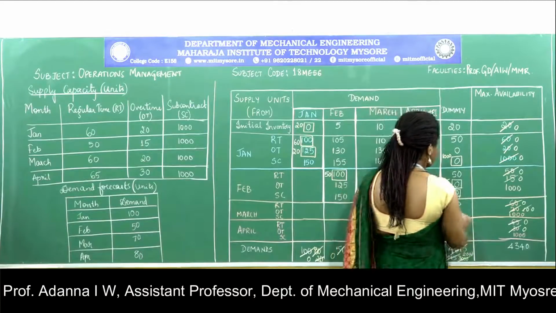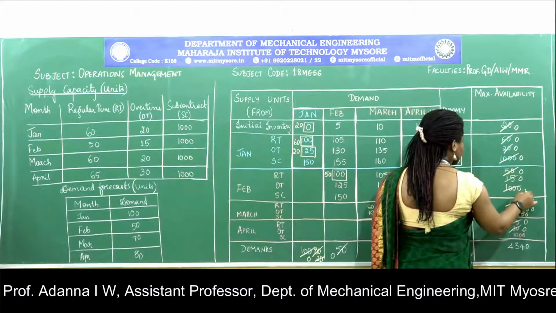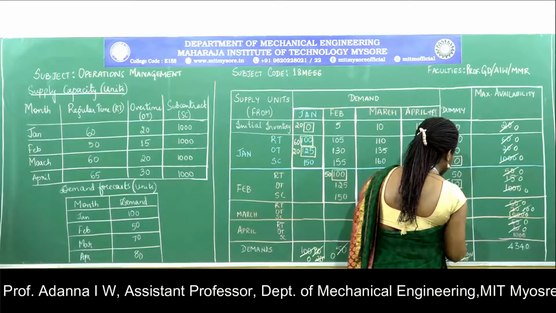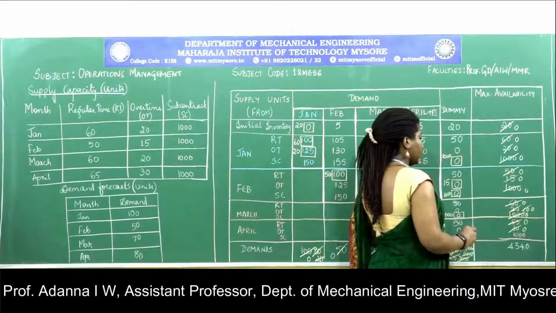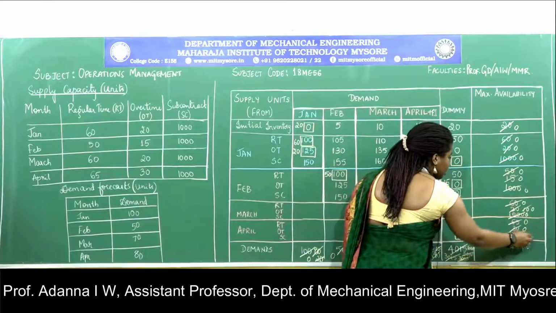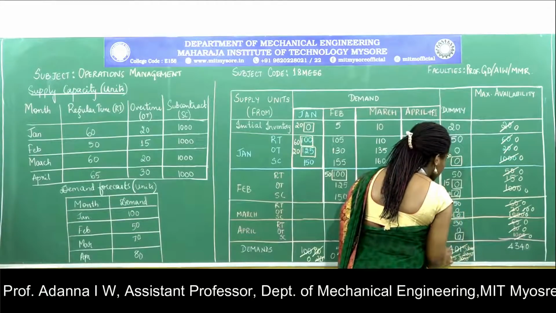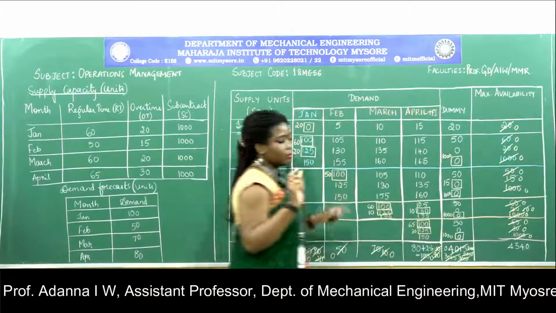Coming down further, you have another 0, allocate this 1000, you have 1000 left. Then the final one, when you allocate, you have 1000 here, you have 1000 here, so this is 0, that is also 0, and we have completed the allocation of the matrix.